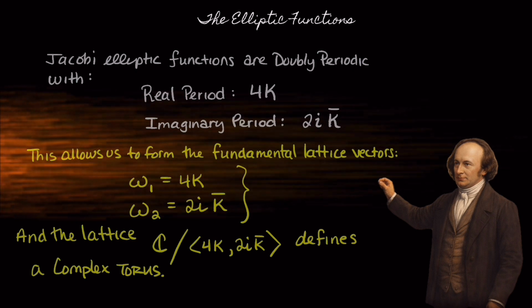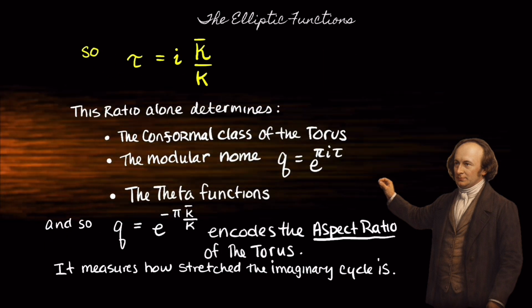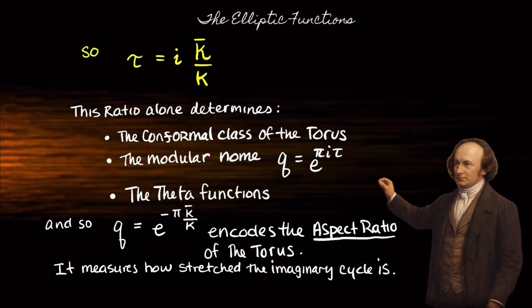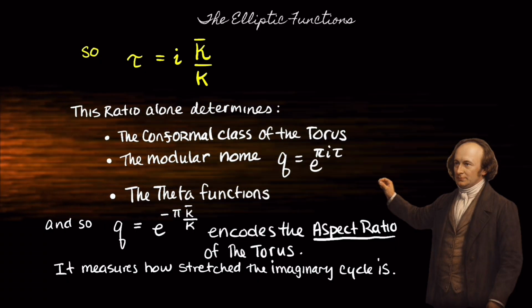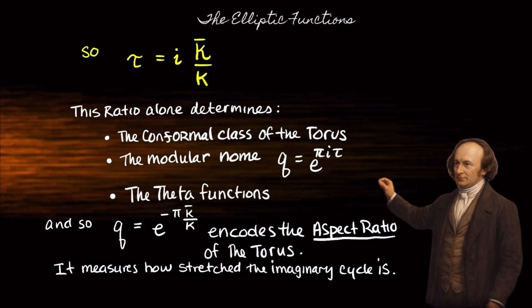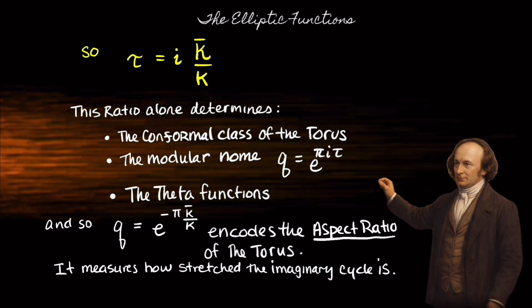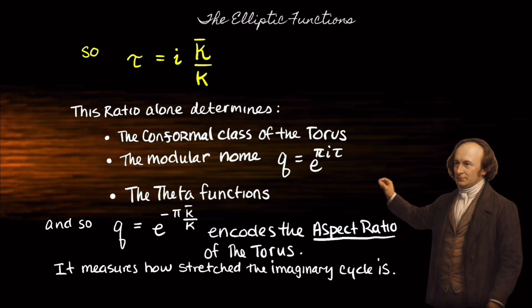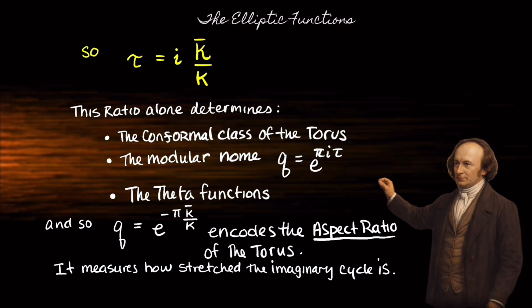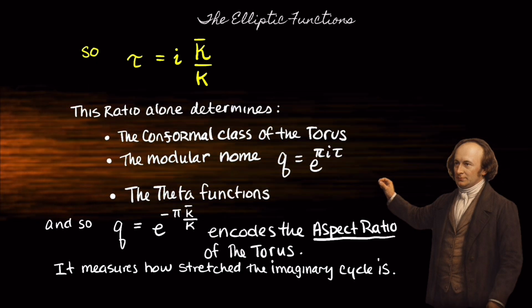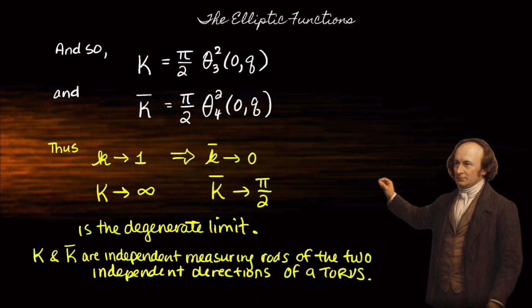That lattice is the complex plane modded out by those vectors, and tau would be i times the complementary capital K divided by the capital K. The ratio alone determines the conformal class of the torus, and the modular norm q given there helps us to find the theta function, which encodes the aspect ratio of the torus, which means it's measuring how stretched out the imaginary cycle is.